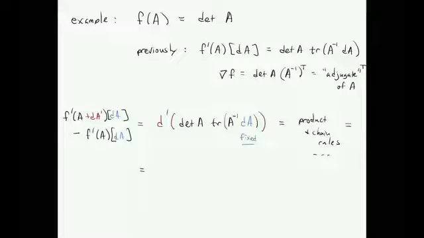It's this, right? So the first term is the determinant of A times, so the d of the determinant is the determinant of A times the trace of A inverse dA primed.